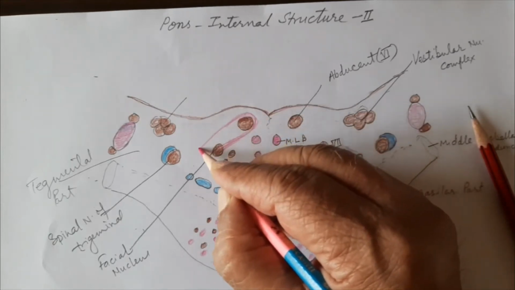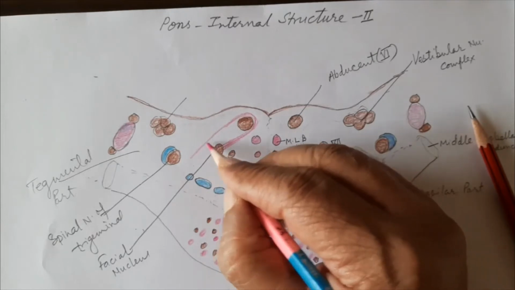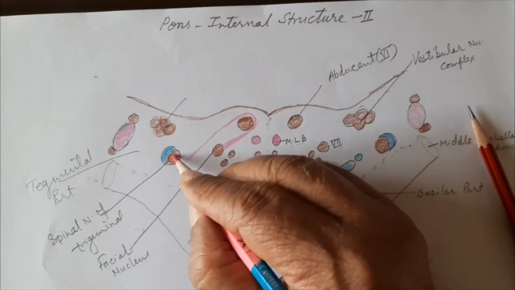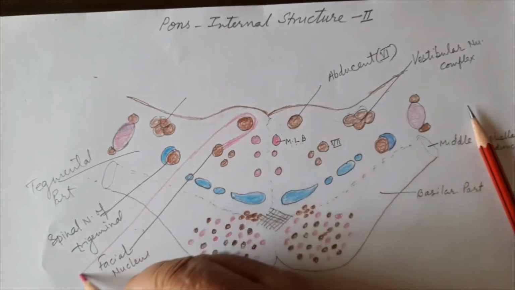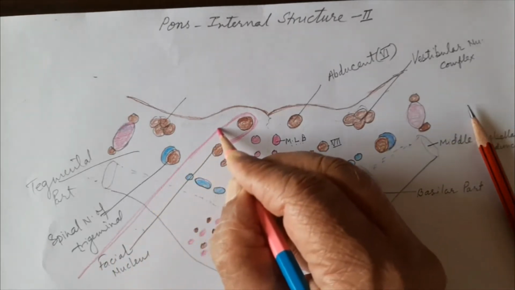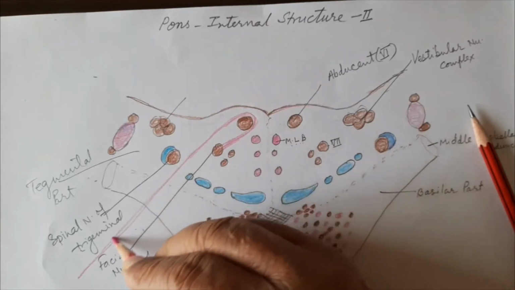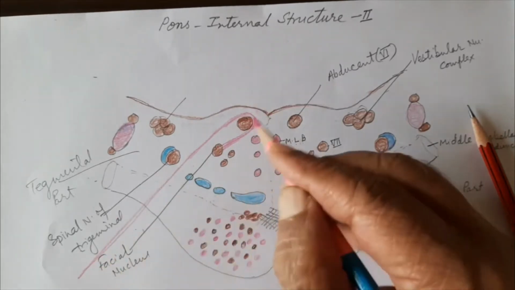Then they come out onto the lateral side of the facial nucleus but medial to the spinal nucleus of trigeminal, and emerge from the surface at the junction of the medulla and pons.